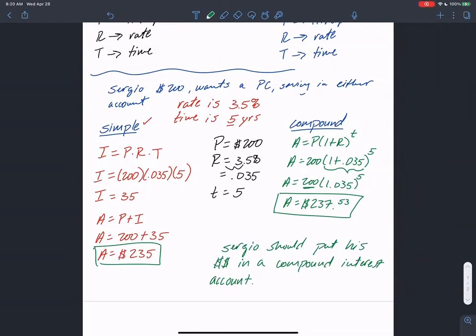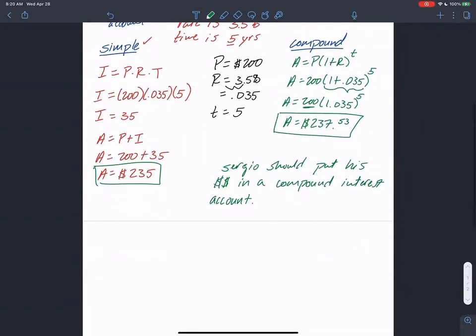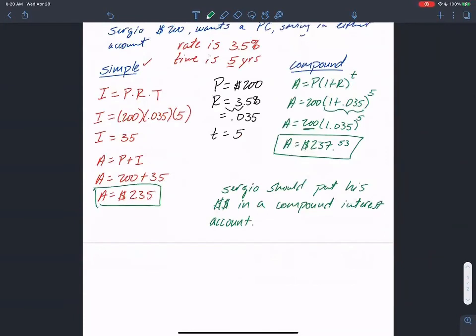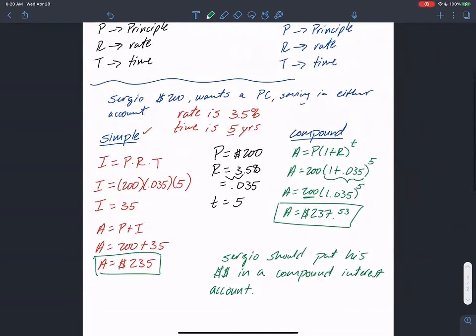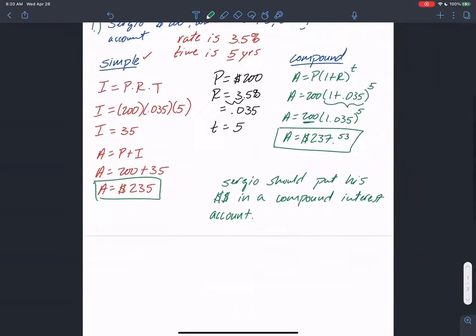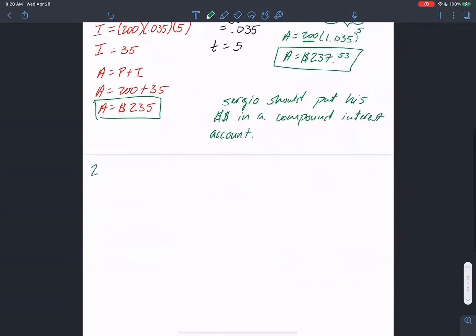So let's say I build on this, right? This question alone could be worth like 5 points, because you had to define all the variables and show all your work. Okay, let's just say that's number 1. Number 2.